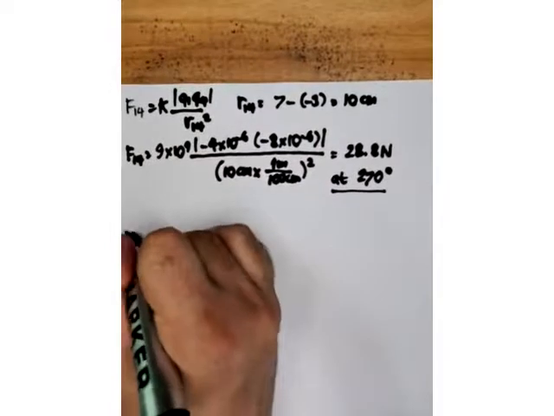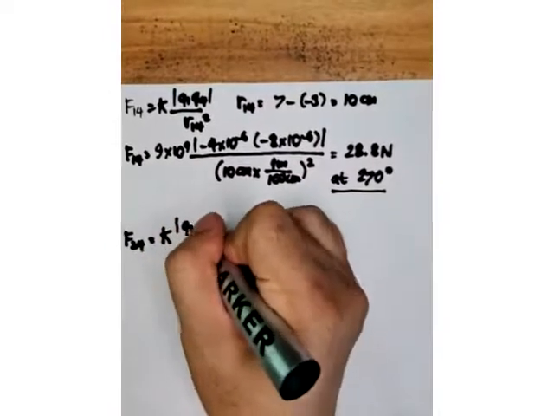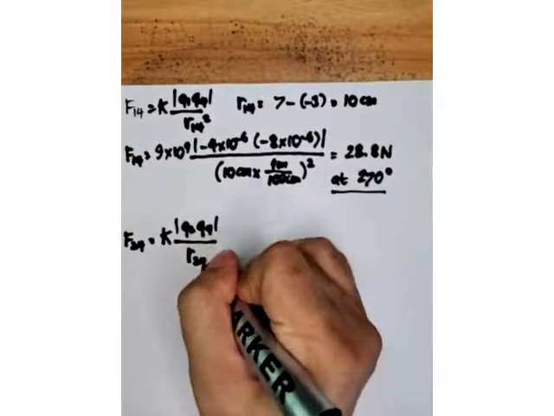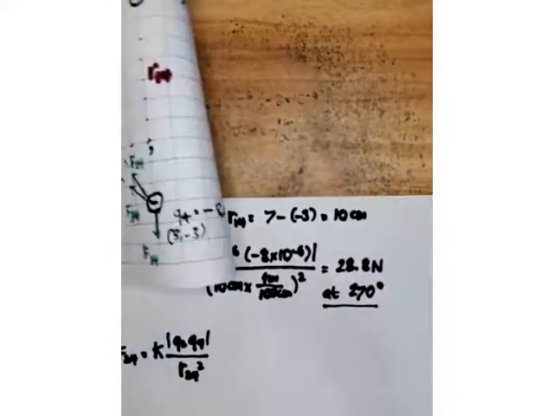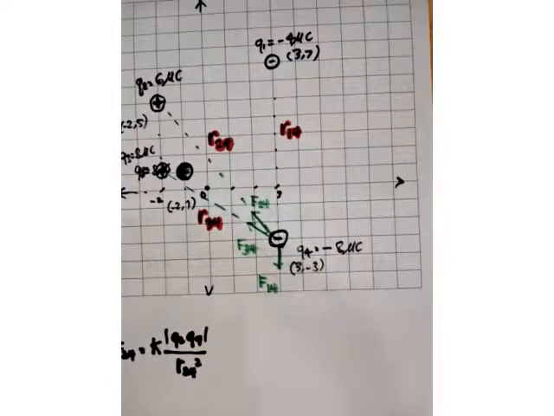So next, yung F24 natin. So that's K times Q2, Q4 over R24 squared. Ang problema natin dito, ano ang ating R24? Ayan. Okay? Paano natin kukunin yung R24?